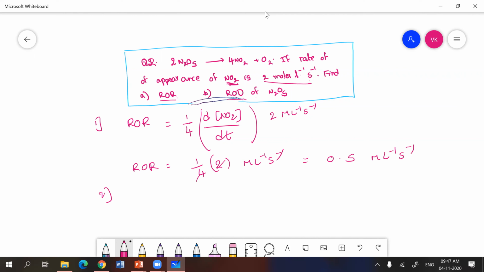The first thing is done. Now the rate of disappearance of N2O5: write the rate of reaction, because we know its value. Rate of disappearance, you write 1 over 2 times the disappearance of N2O5 with time. We need to find this term. Take this.